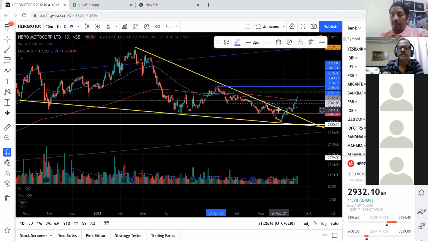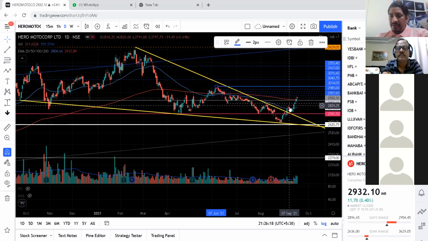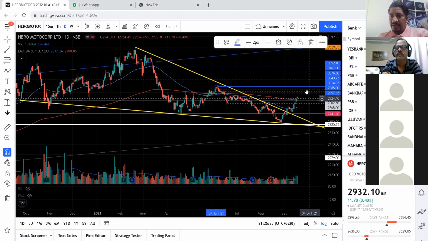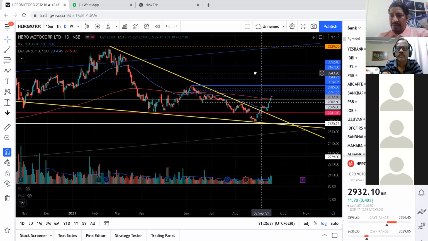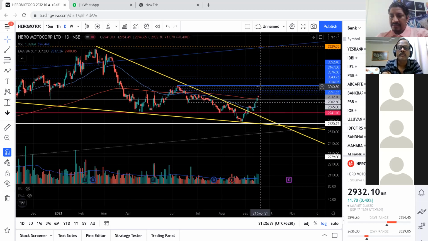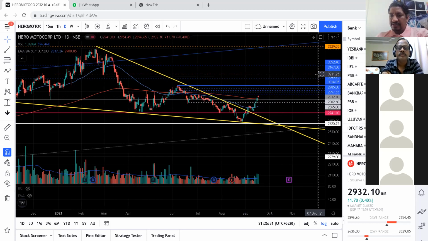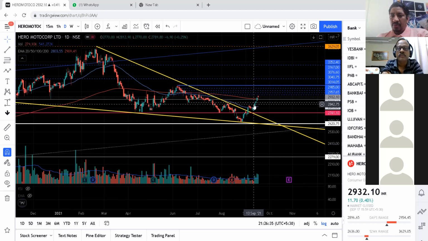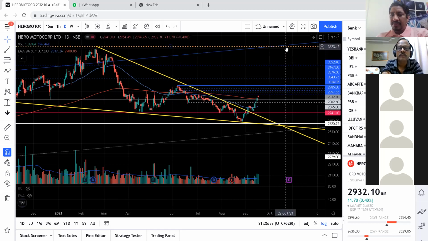Yes, correct. So any reversal, I will be cautious here that it might take one more reversal from here, same range, and it might go zigzag: top resistance, then support, then resistance, then support. Not necessarily this price will go in one time to the previous high.